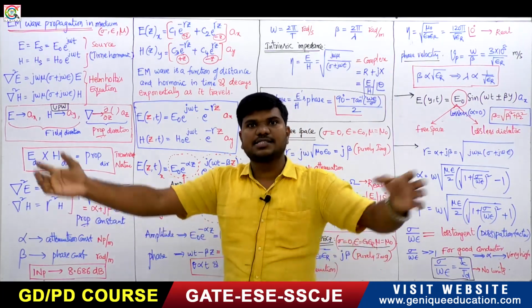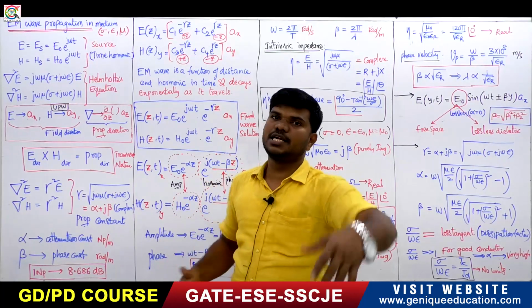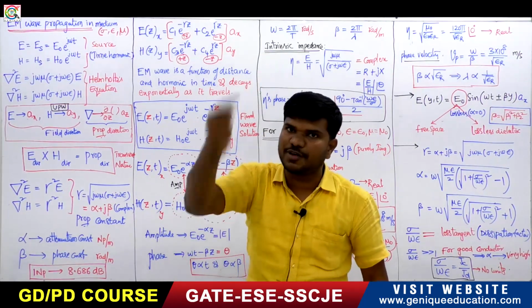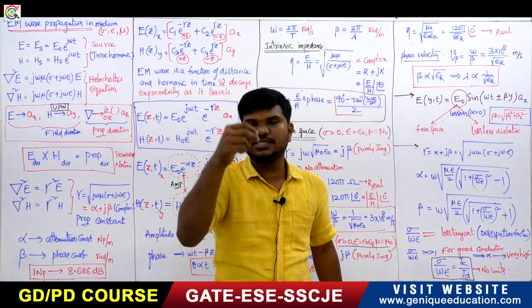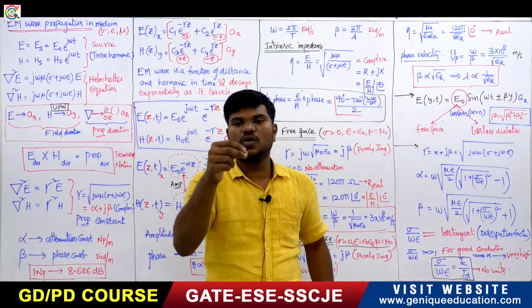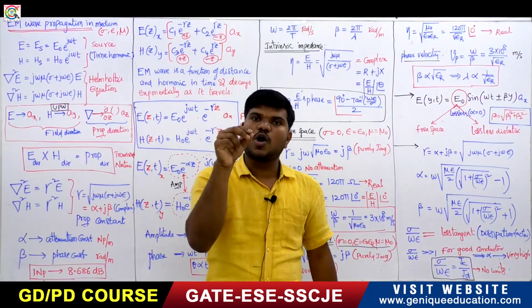As Z increases, as the distance increases, what happens to the amplitude of the wave? Suppose here is the point source, a time harmonic source.